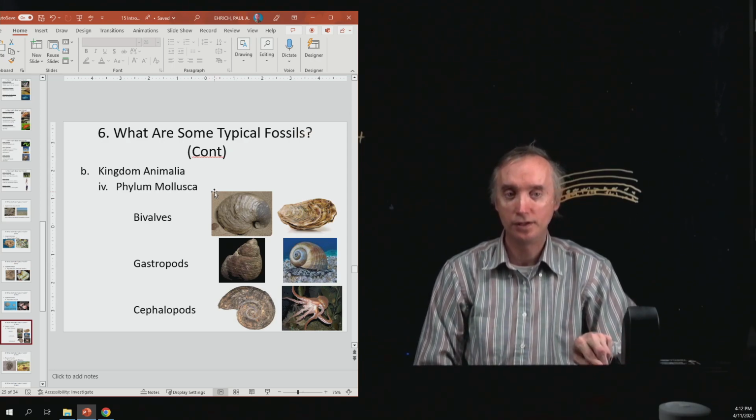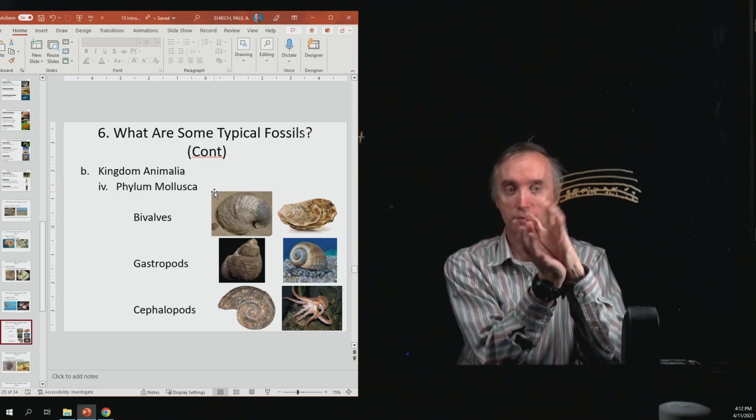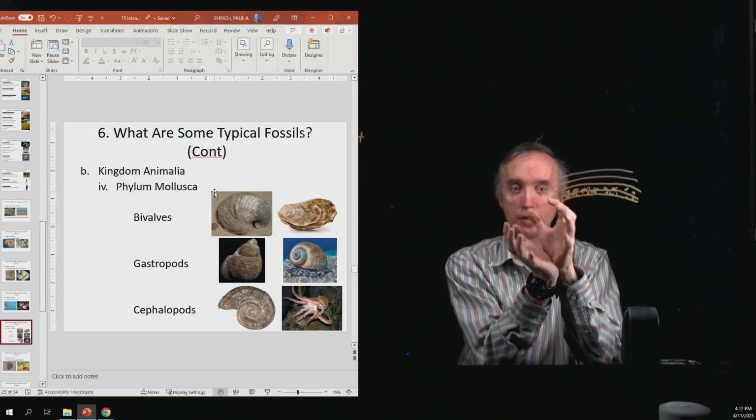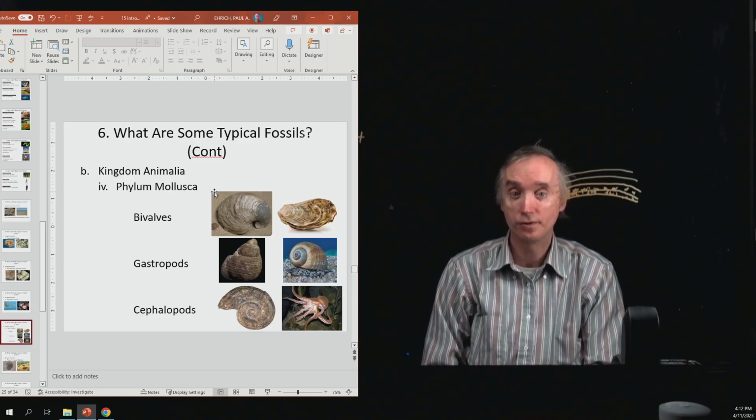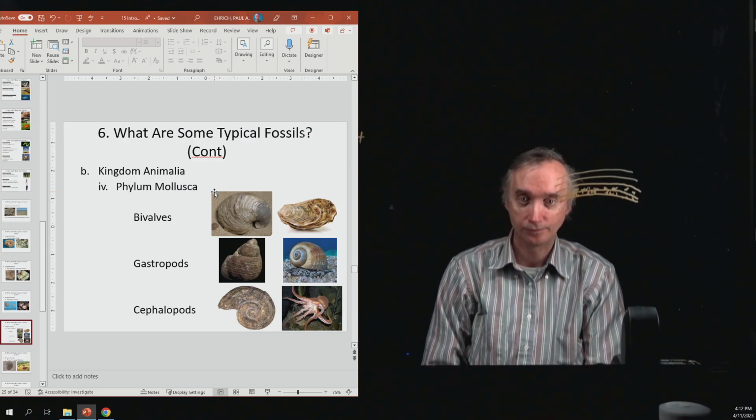So bi means two, so it's going to have two pieces that come together like this, and so an example of that would be an oyster. You also have gastropods, and so an example of this would be a snail. And so there's a fossilized snail, and then there's a real snail to the right.